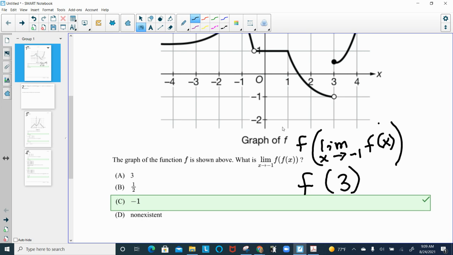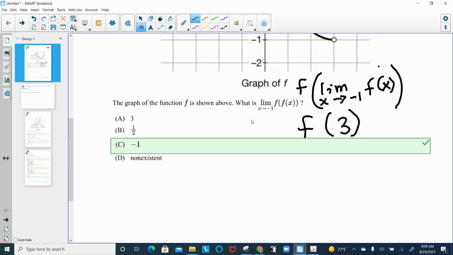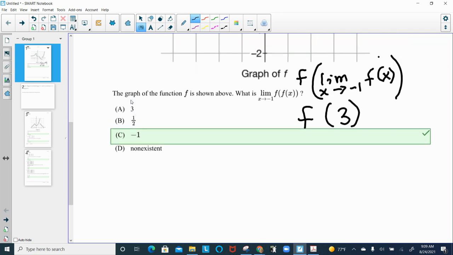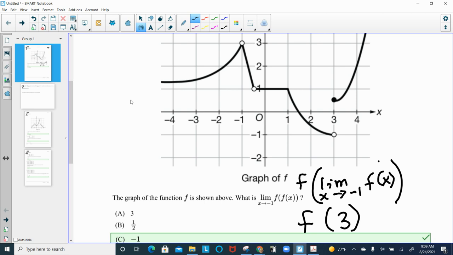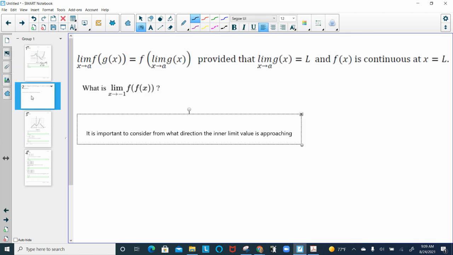And it might not be completely clear right now, and I get that. Let me show you some notation here. So in general, if we have the limit as x approaches a of f of g of x, that is the same thing as what I just did, putting the limit inside and taking the function value.